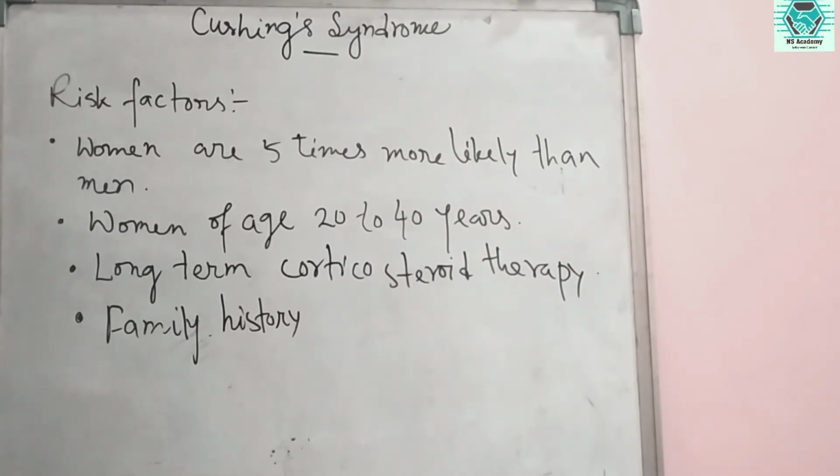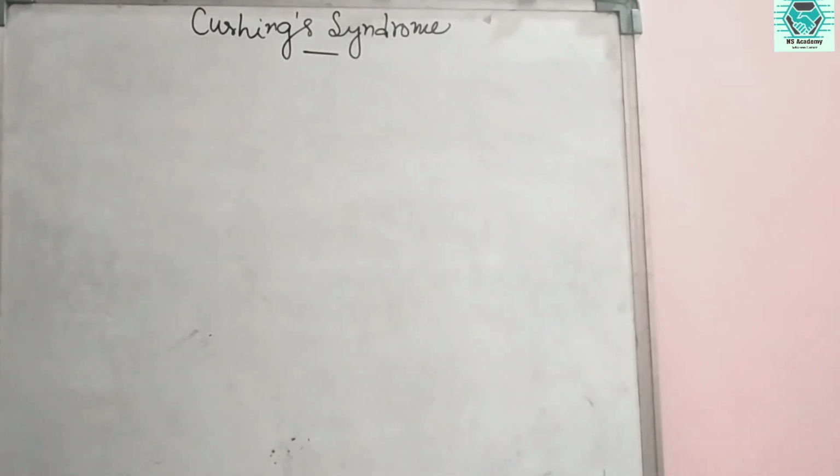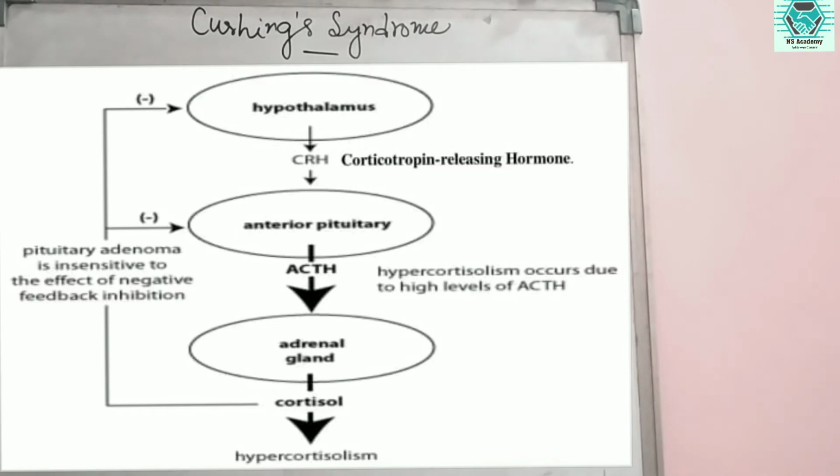So next, the image shows the hypothalamus, which releases CRH, that is corticotropin releasing hormone, to the anterior pituitary, and these are called releasing hormones.